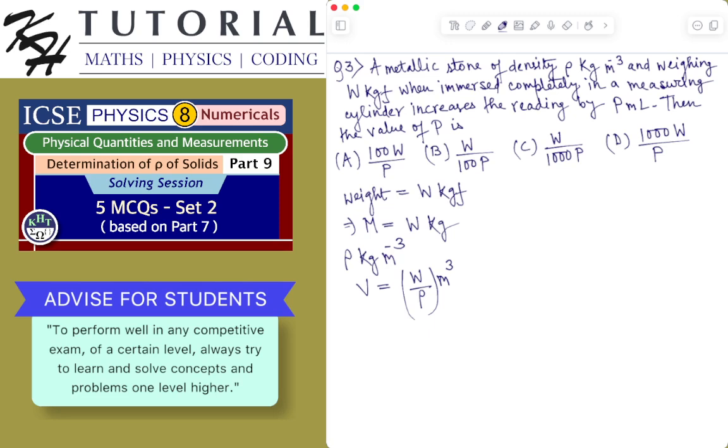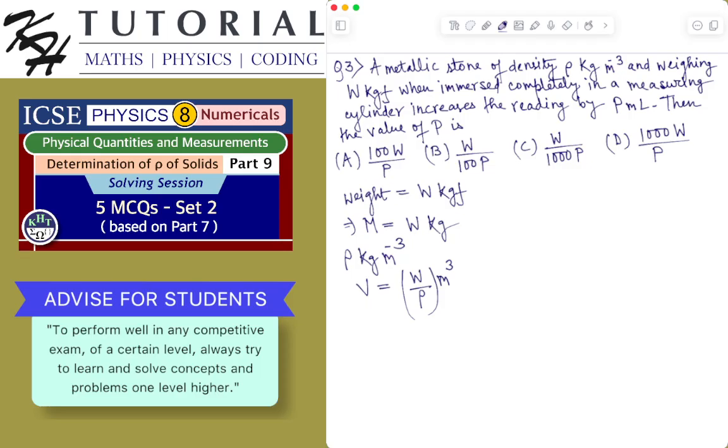Also, it is given that when the metallic stone is immersed completely in a measuring cylinder, the reading increases by P ml. So, from the concept of measuring volume of a solid using a measuring cylinder, we can say that the increase in reading in a measuring cylinder is equal to the volume of the solid body immersed.